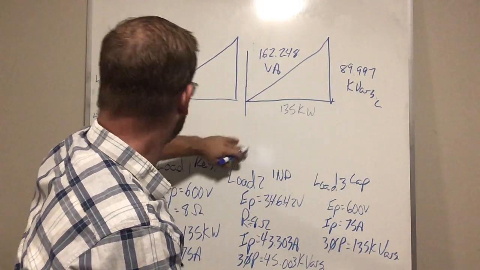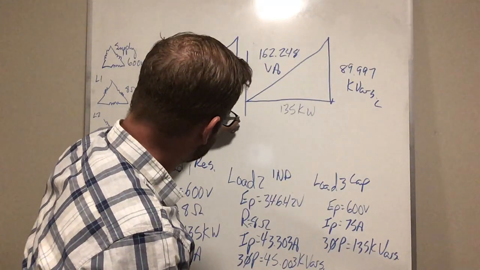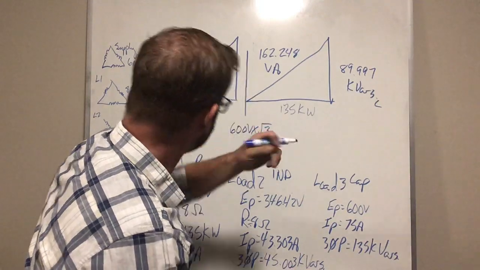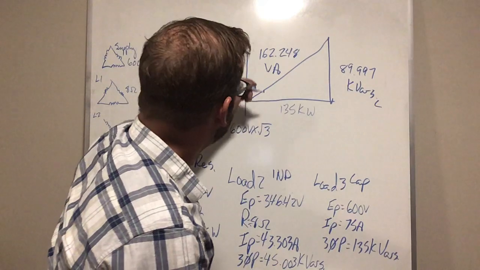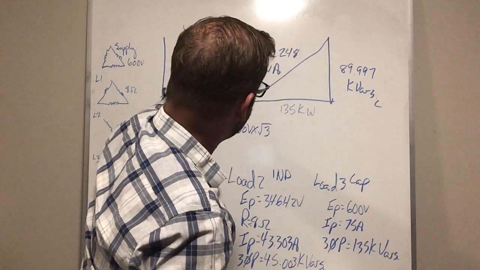So we are going to be looking at 600 volts as our line voltage. So 600 volts times √3. And that was, sorry, kVA.